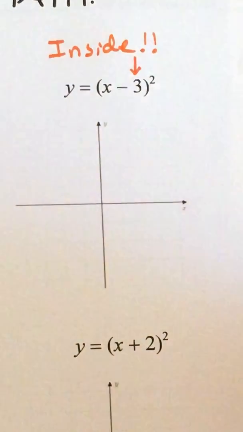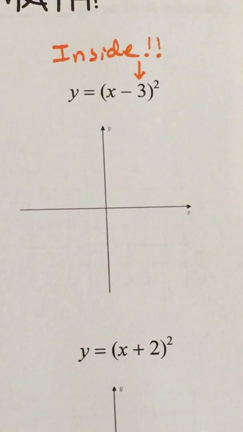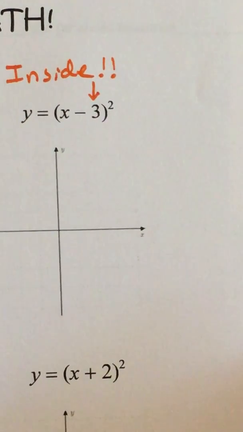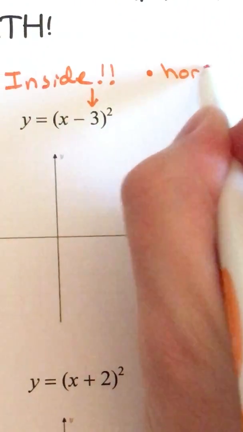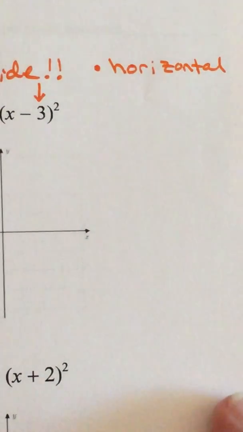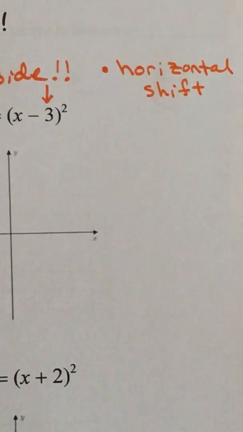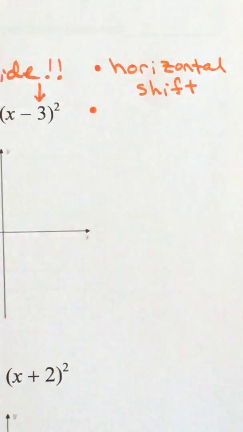This is a big deal. So it's going to go opposite the direction of the sign, and we know it's horizontal. So let's make a couple of notes to remind ourselves. One, this is a horizontal shift. We know it goes opposite the direction of the sign.